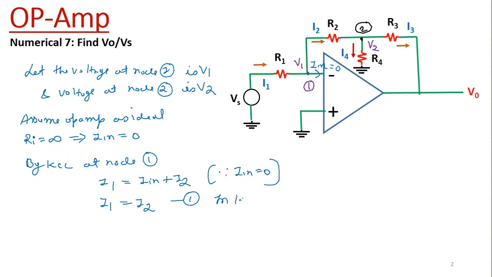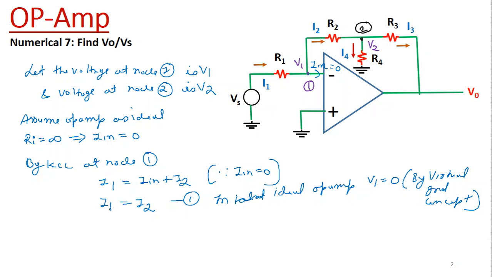In an ideal op-amp, when the non-inverting terminal is at ground potential, the inverting terminal will be virtually grounded. Therefore, since the non-inverting terminal voltage is 0, V1 is also equal to 0 by the virtual ground concept.